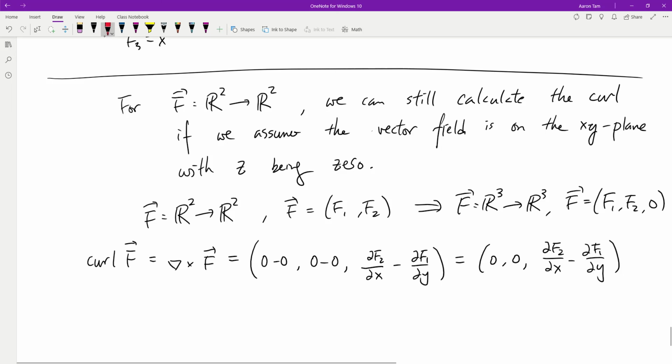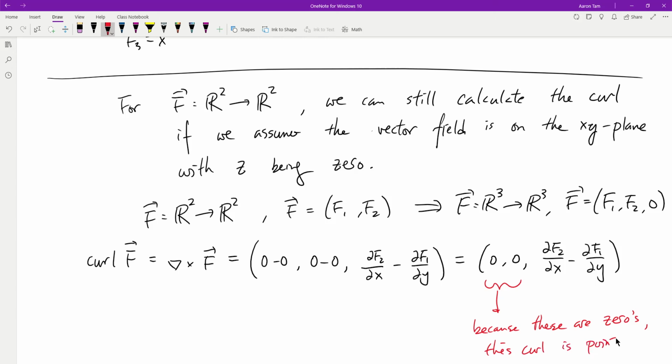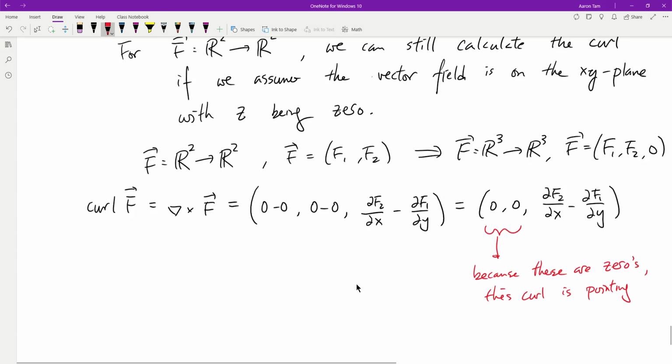Notice that because these two numbers are 0, this curl is pointing in the z direction.